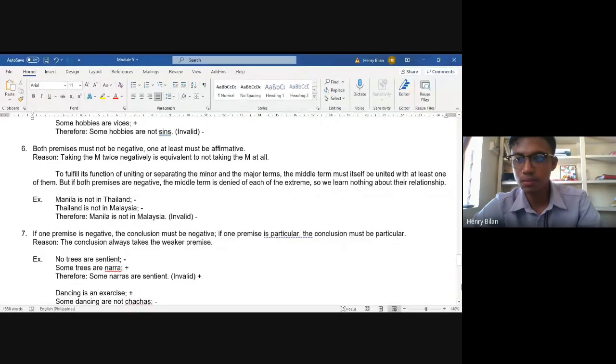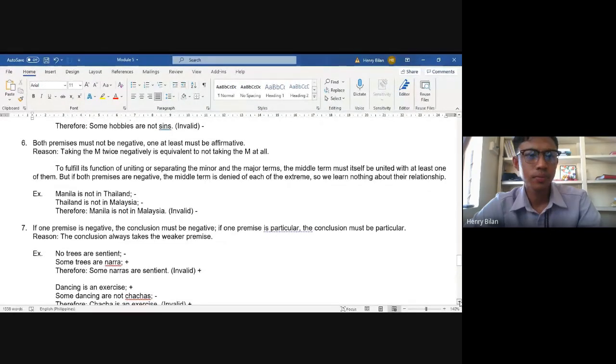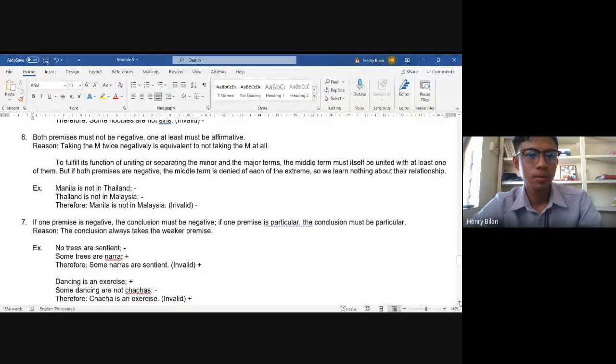So sinasabi dito, both premises cannot be negative. Always, for a valid syllogism, one of the premises must be affirmative. We cannot draw a conclusion from two negative premises.